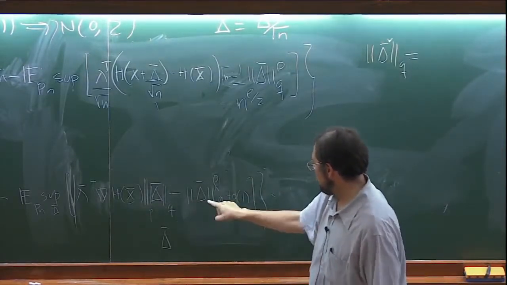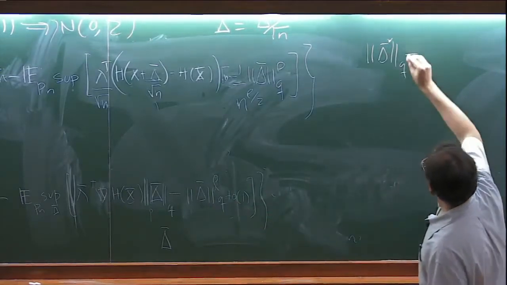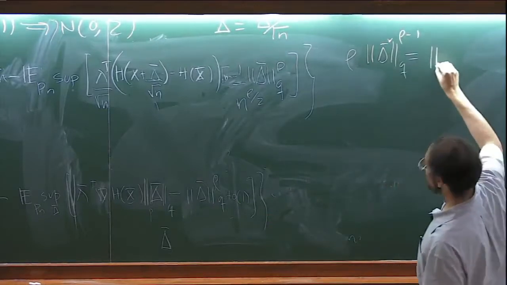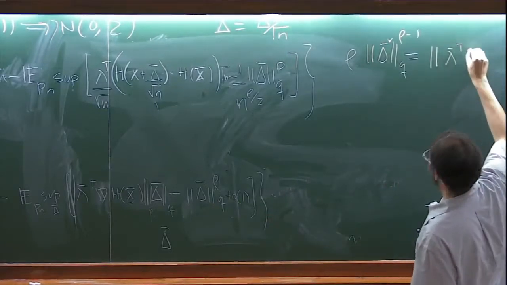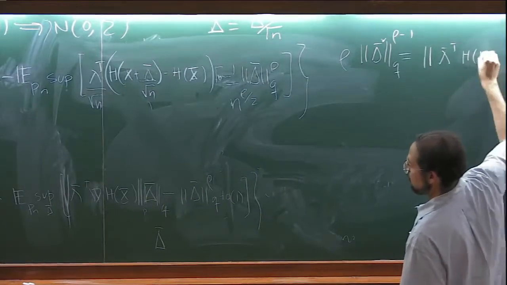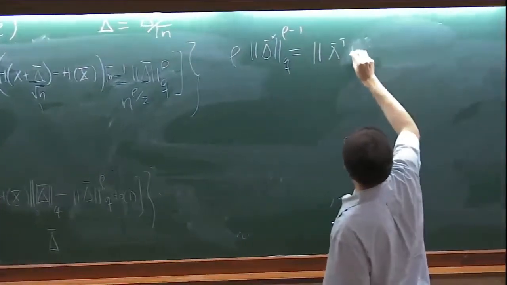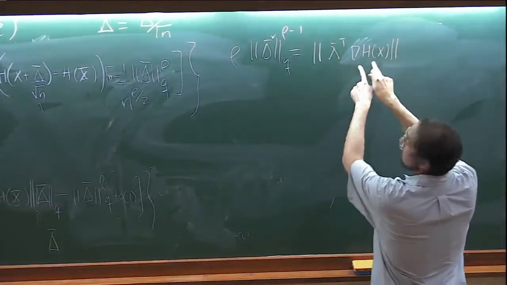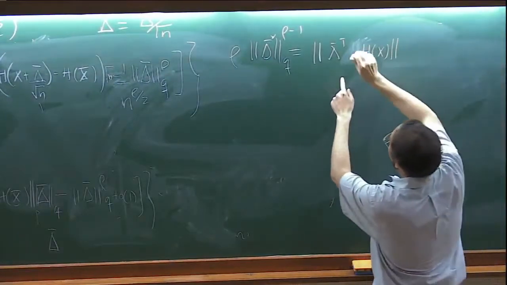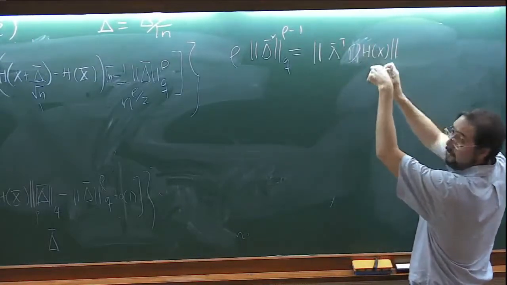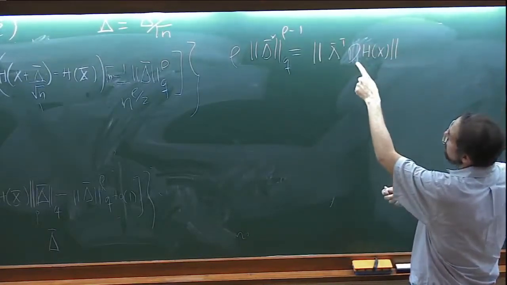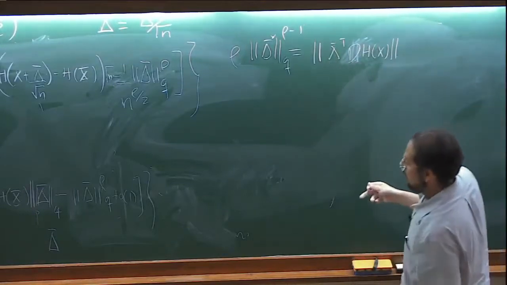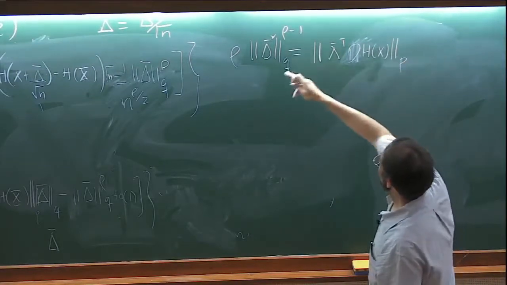So you get delta bar Q to the power rho minus 1 times rho. That's equal to the norm of lambda bar transpose gradient of h of x. So this is a matrix now. This is really the derivative of h. Remember, h was a list of equations, so the derivative was going to have a Hessian. So this becomes a vector now, and that's equal to the norm to the power P. So you can solve for delta star.